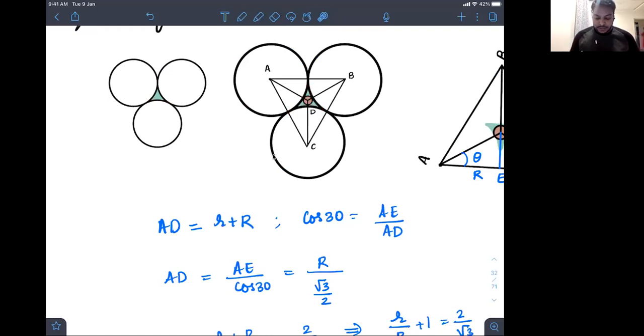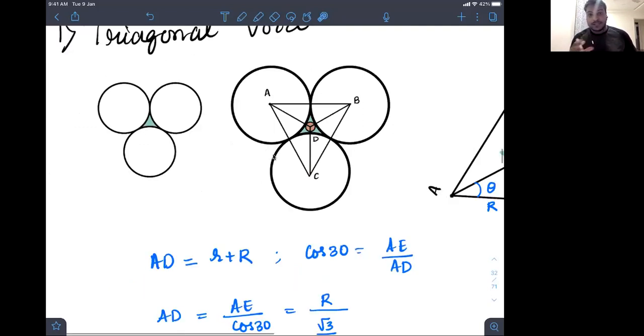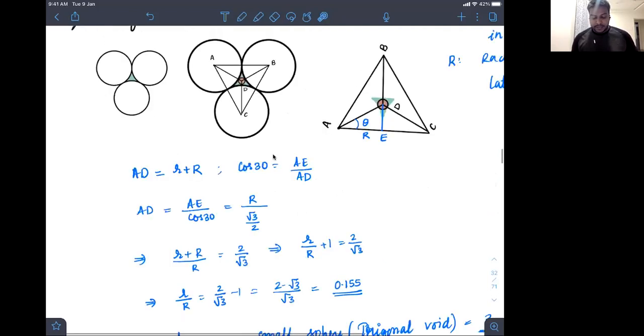Right, students? So therefore, now you can see that from this point to this point, this becomes the capital R distance, and the small distance which is present here, that will become the small r distance. So the ratio of small r by capital R tells us how much is the void size, what is the typical void size it has to maintain. All right. So how do I get that?